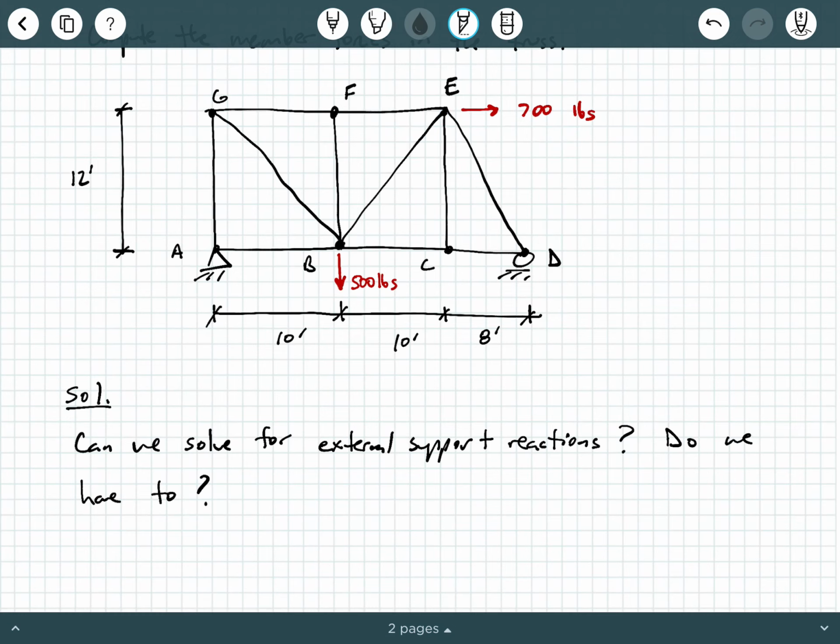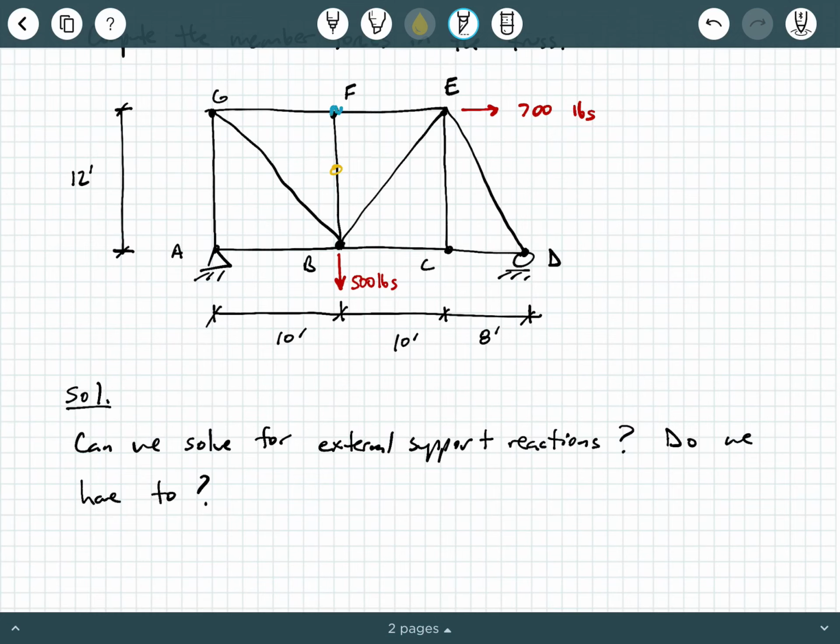Now, we also know from our knowledge of zero force members that we may be able to recognize some here. So by one of our zero force member criteria, can you see where we have some zero force members? I would say you can notice that BF is a zero force member.